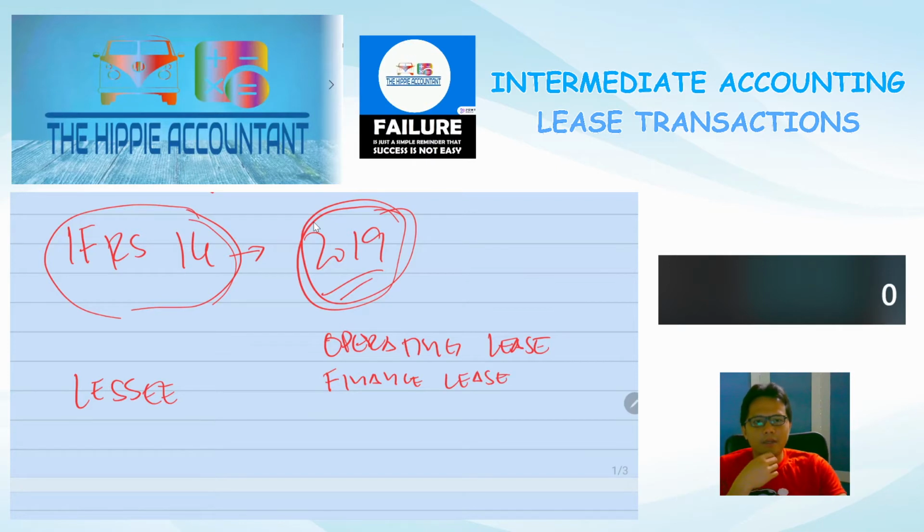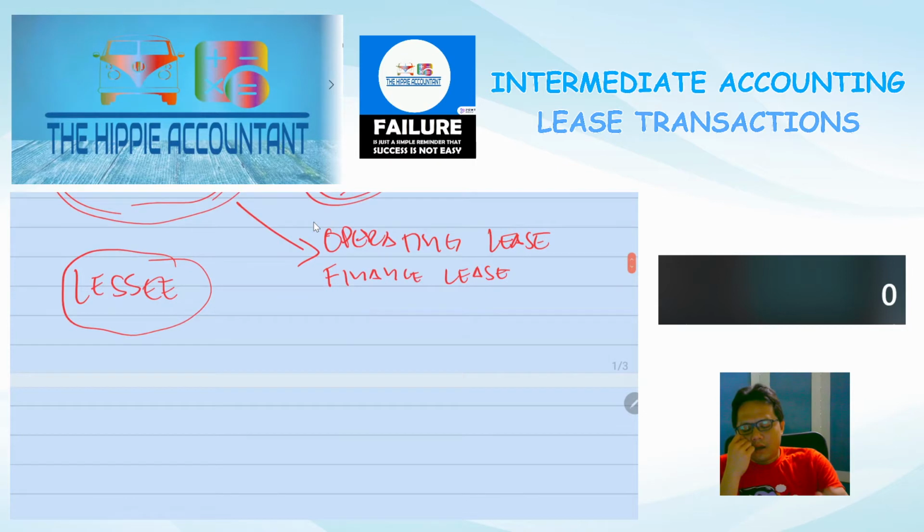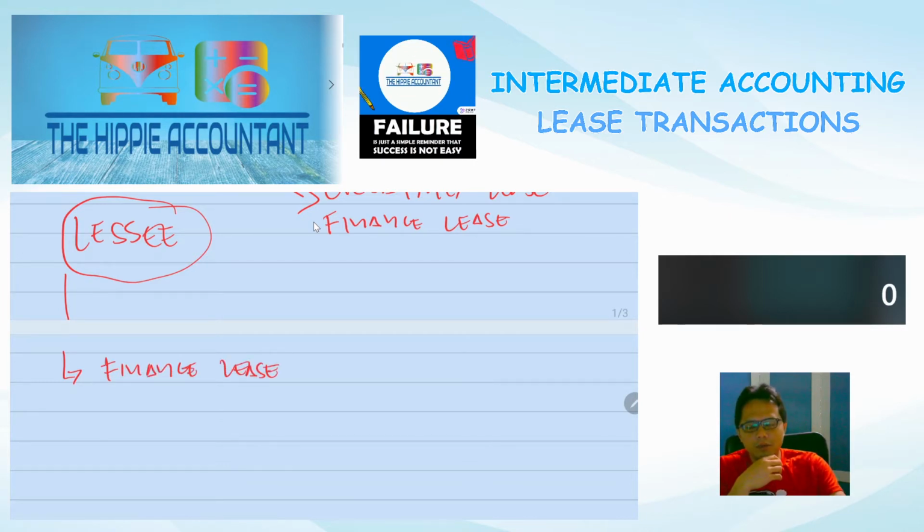Although ngayon, under IFRS 16, meron pa rin tayong dalawang klase ng lease, which is itong operating lease at finance lease. However, yung nagbago is that when it comes to lessee accounting, all types of lease, pag ikaw daw yung nagre-renta, all types of lease should be accounted as a finance lease, which we will go later on.